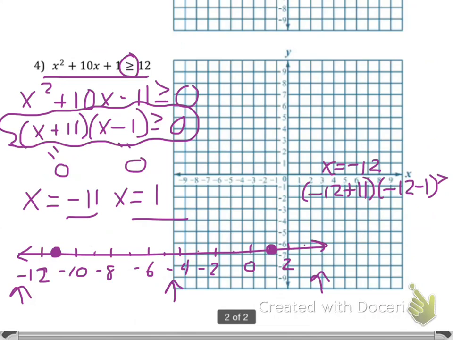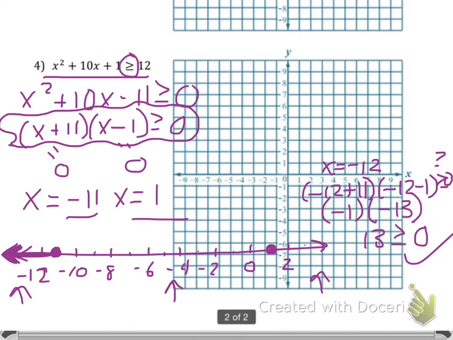And we want to check, is that greater than or equal to 0? Well, I've got negative 1, and then here I've got negative 12 minus 1 is negative 13. And that's positive 13, which is greater than or equal to 0. So that works. That means we can shade to the left of negative 11. All those numbers to the left of it work.